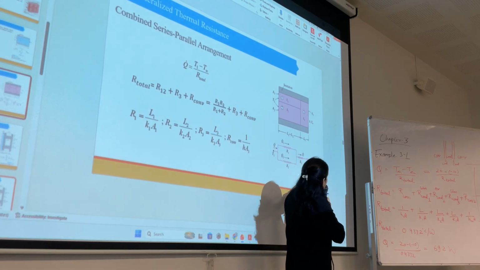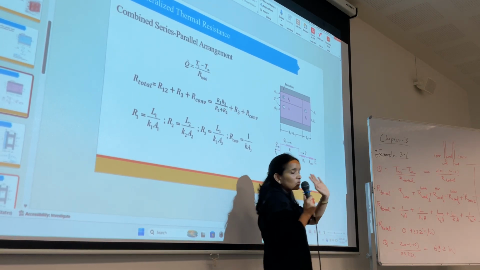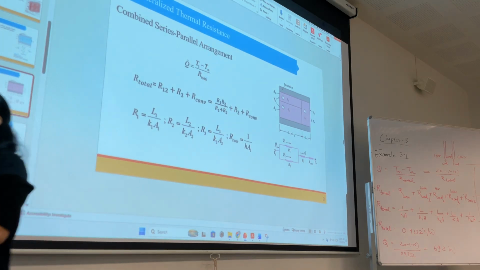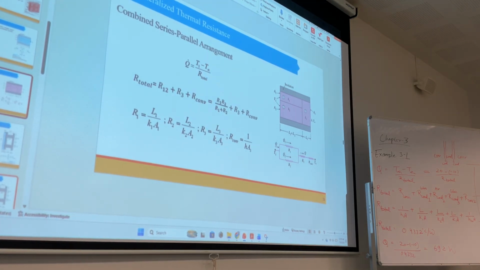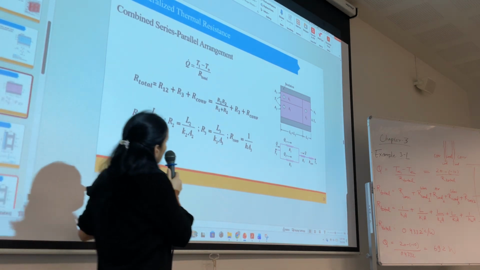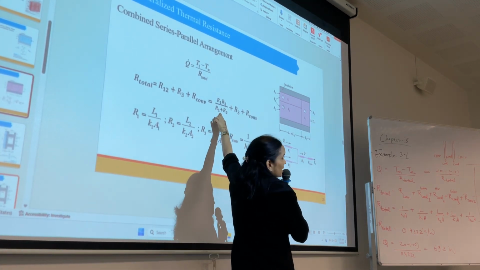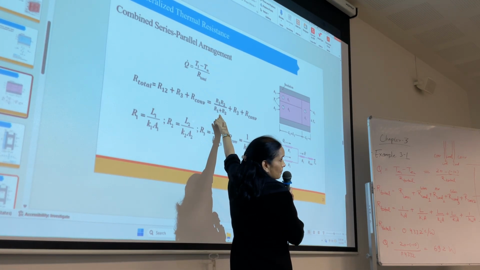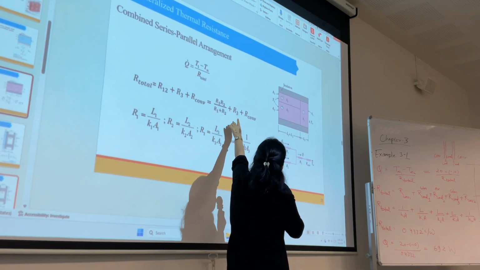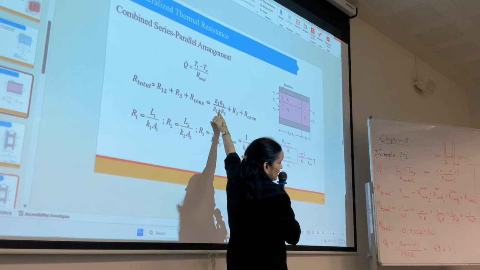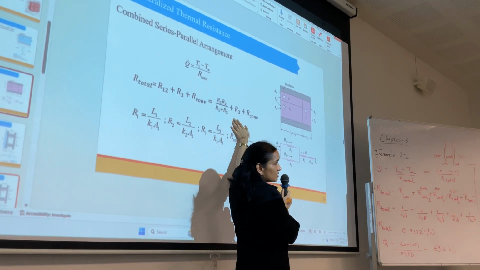And this is our convection, outside. We will solve numericals, and you will understand. Yeah, it's written here actually. R1 and R2 are added parallelly. R3 is in series, and then there is our convection, which is again in series.